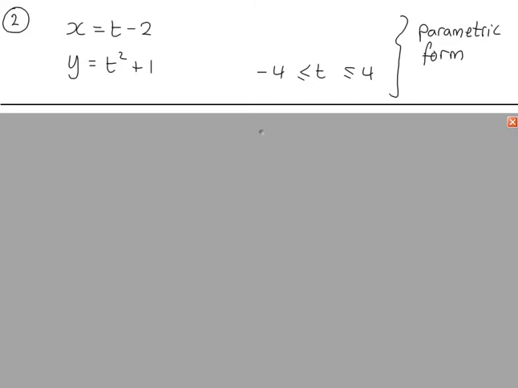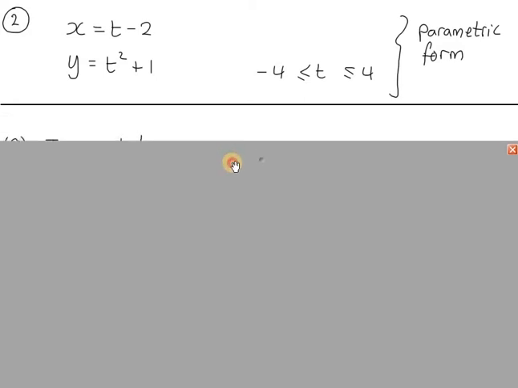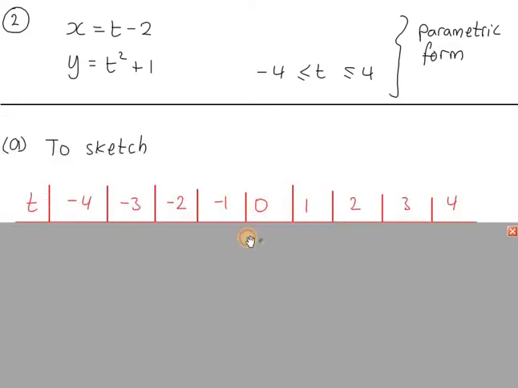Example 2, we have some parametric equations, and the parameter t takes a value between -4 and 4. So I'm going to sketch the graph first. Let's make a table of x and y values along with their parameter t.